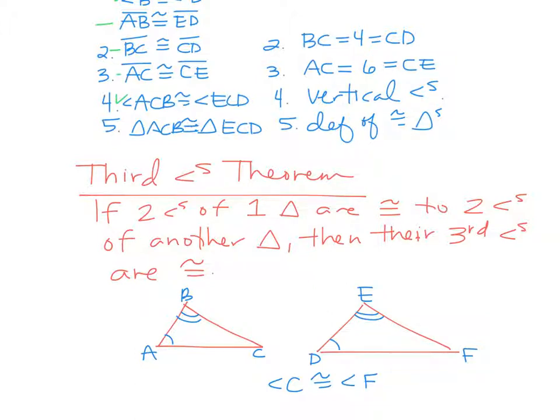Because the other two are congruent. Because what? They add up to 180, right? If they both have to add up to 180, and we have the same amount on both triangles so far, there's only one amount left for that third angle, right? So that's the third angles theorem. You'll use it from time to time, okay?